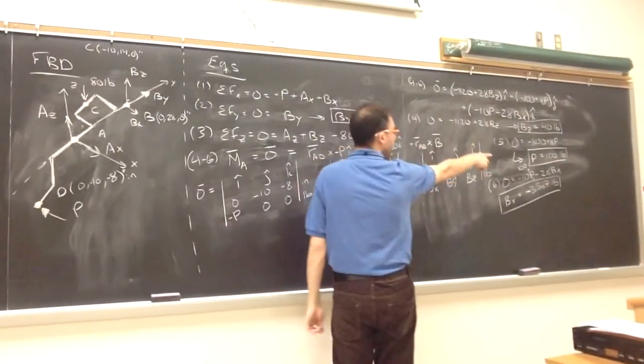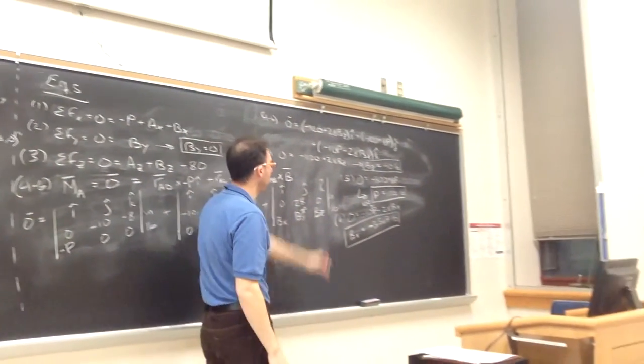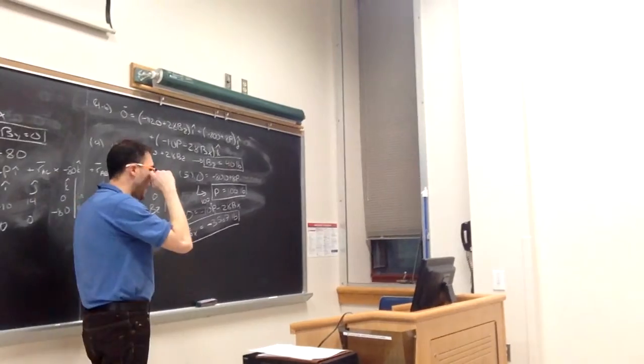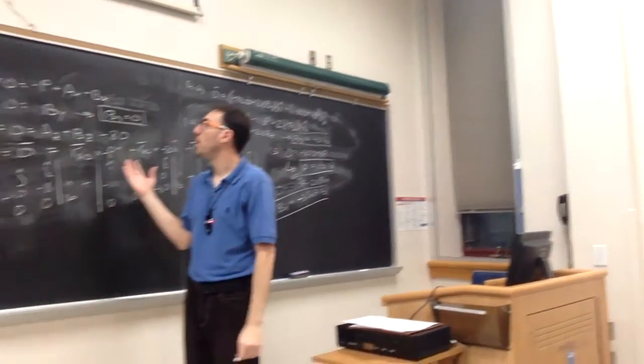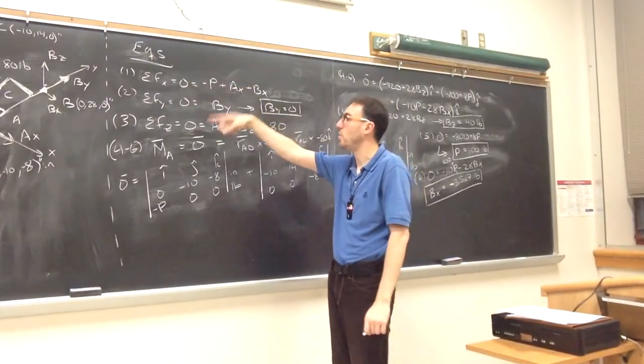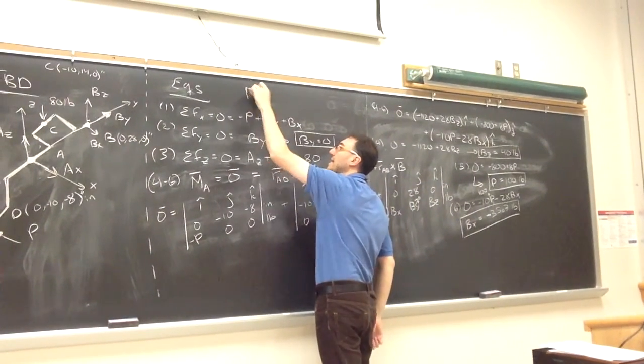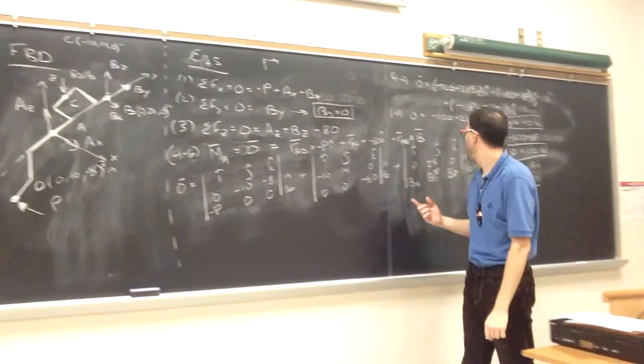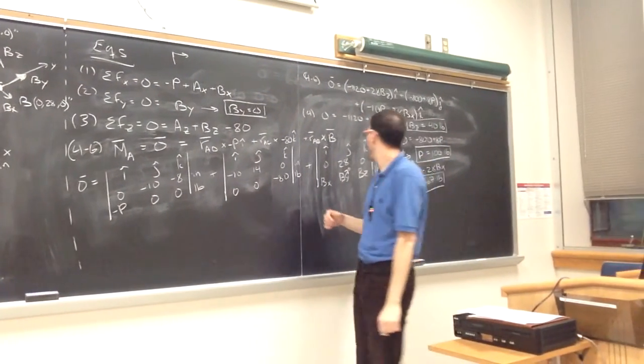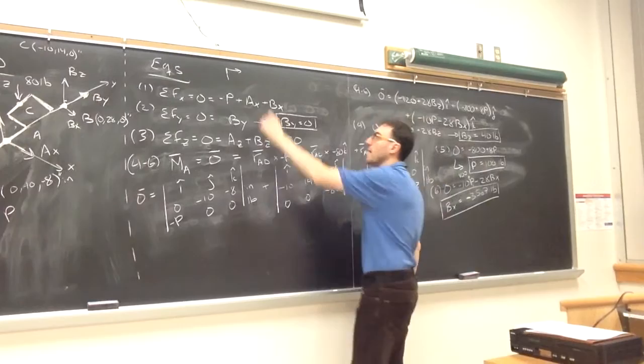I have 4 of my unknowns solved for. Each of equations 4, 5, and 6 gave me one of my unknowns right away. All I have left is that I haven't used my equation 1 or my equation 3. From equation 1, I know the value of P is 100 and the value of BX is negative 35.7.